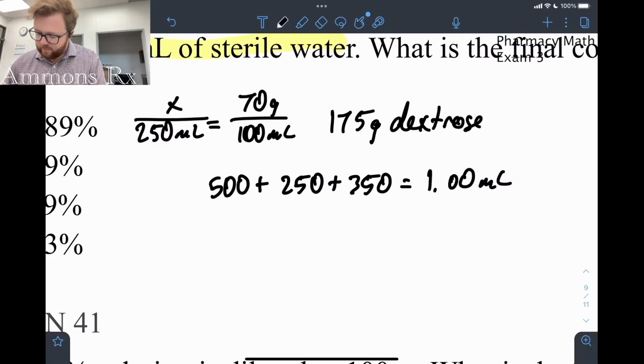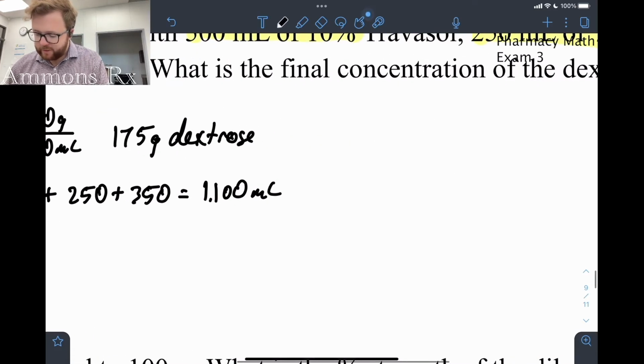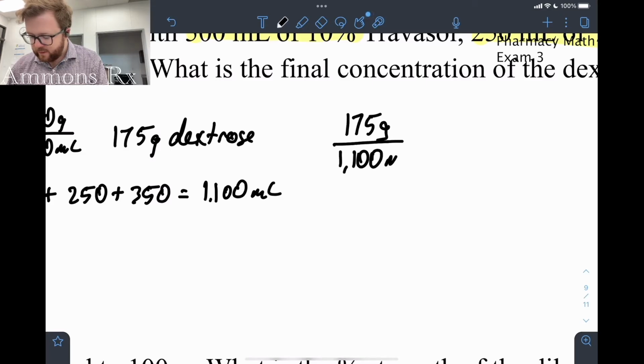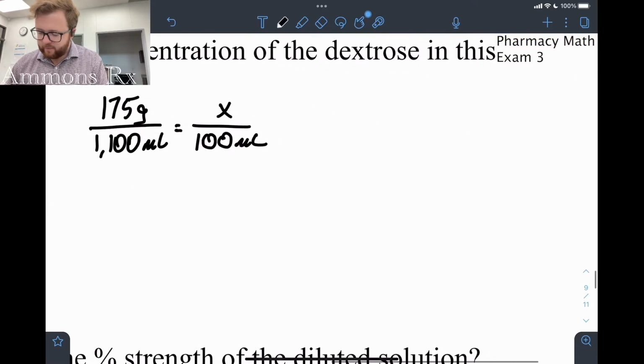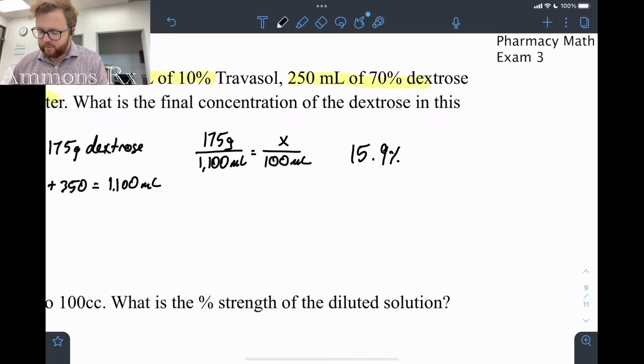I'll redo it. 1100 mils. So what percent strength is that? So 175 grams over 1,100 mils is equal to X over 100 mils. And you should get 15.9%.